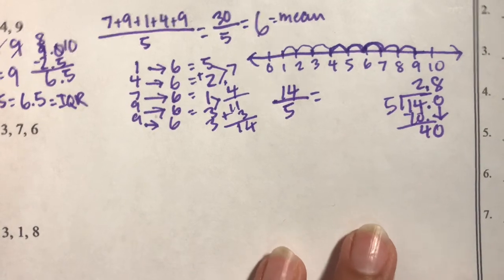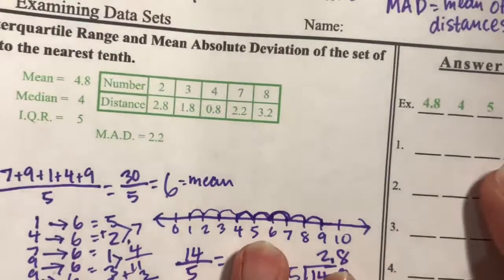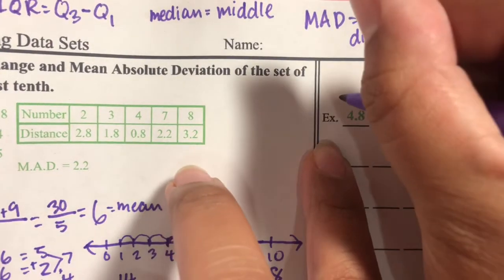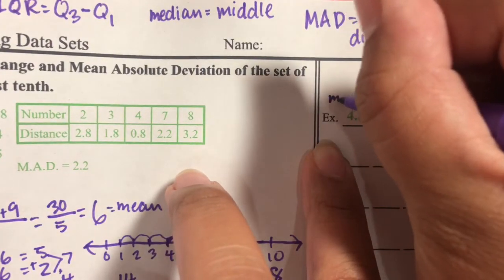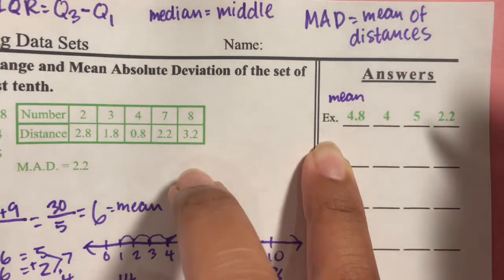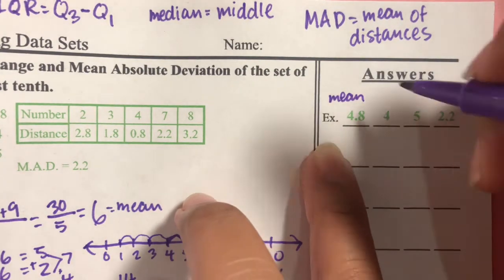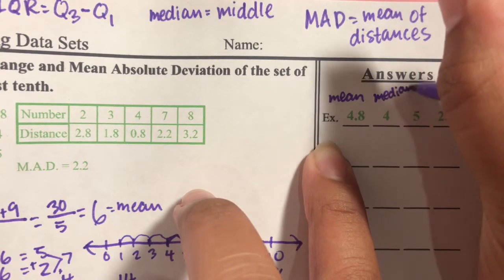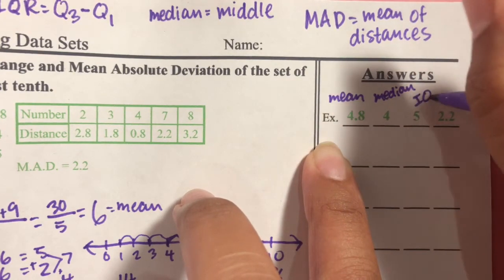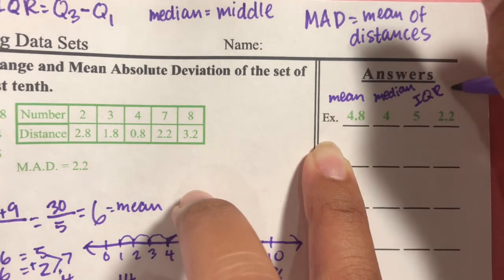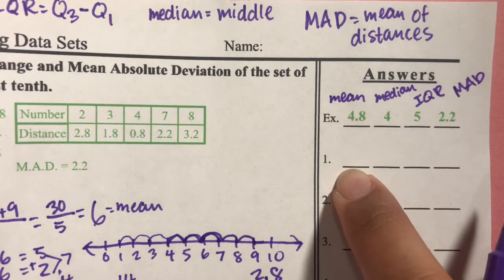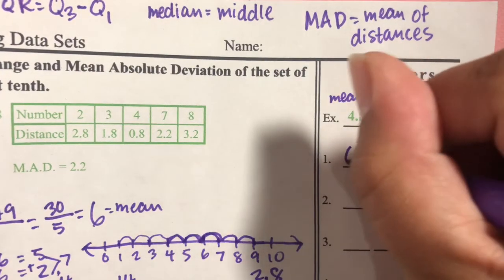Okay, so now we can officially write down all our answers. On this side, you can write down mean, median, IQR, and MAD. Okay, so we know that our mean for this is 6.